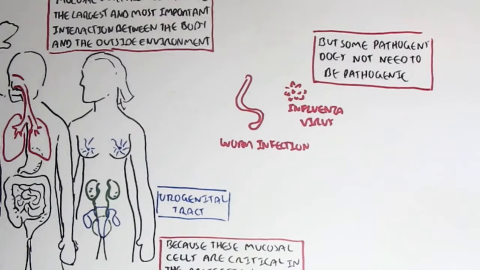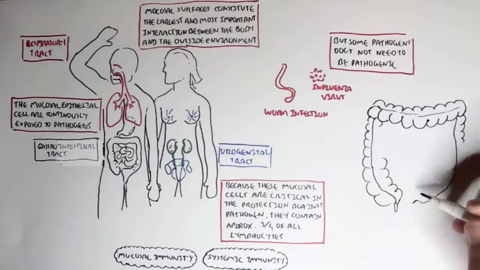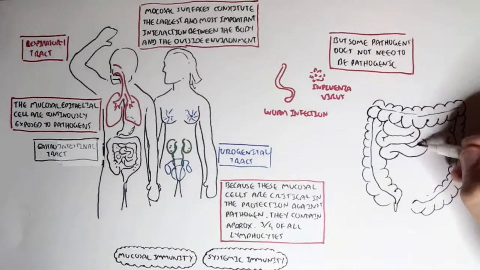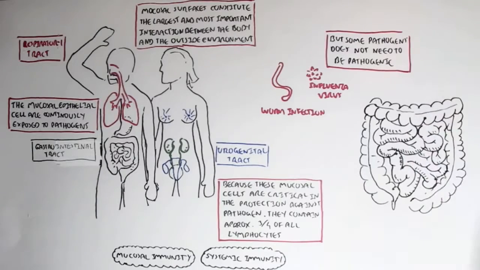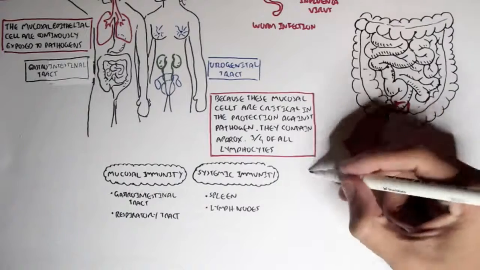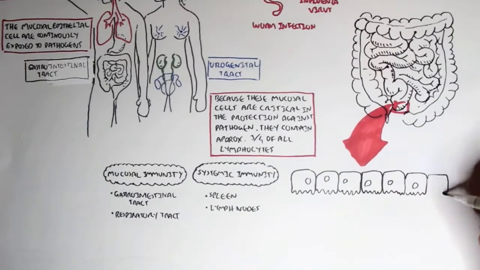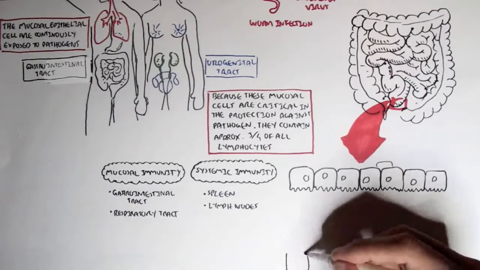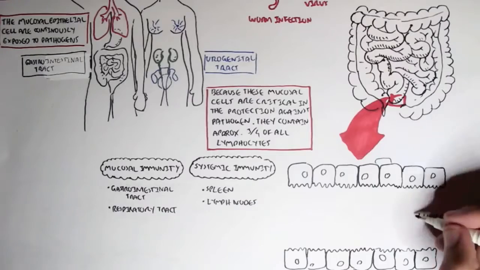But some microorganisms do not need to be pathogenic, such as within the gastrointestinal tract, where we have our own microorganisms residing within it, which help in food digestion, for example. So if we take a cross-section within the small intestines, we can see what we mean by non-pathogenic pathogens. Here we have the mucosal epithelial cells lining the intestinal tract, and we have the lumen where food passes through.